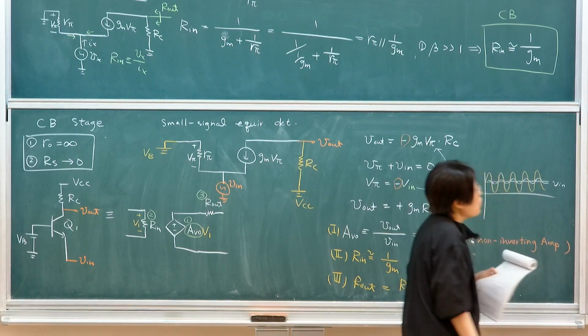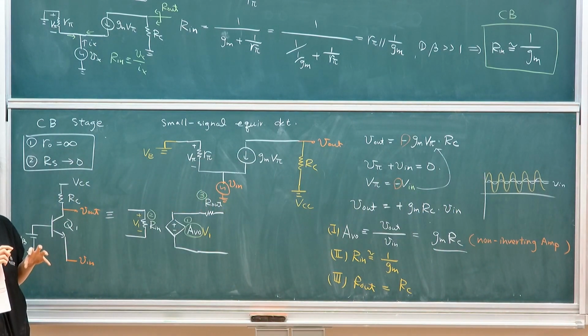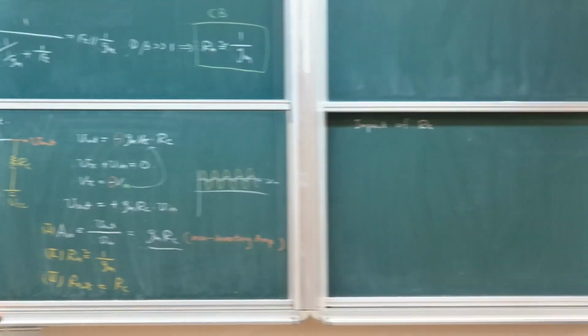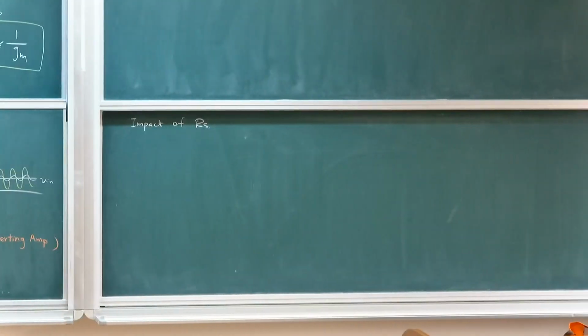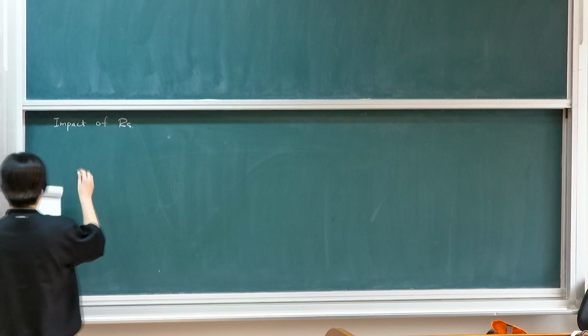The reason why we have to discuss this is because this is a low impedance amplifier. Therefore, any source resistance will divide out the impact of your gain. So let's do it this way.